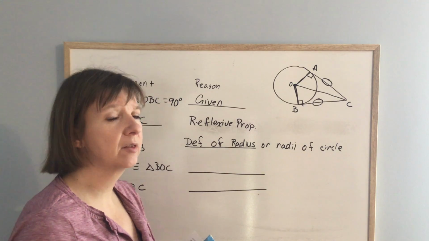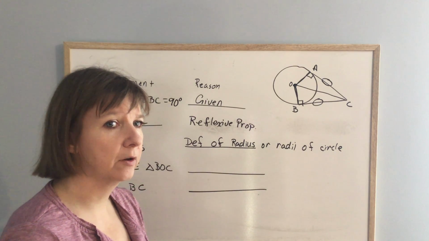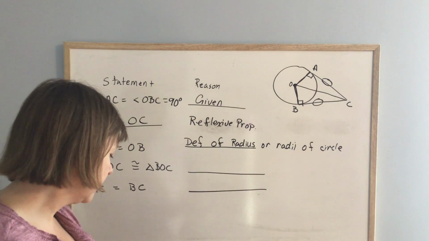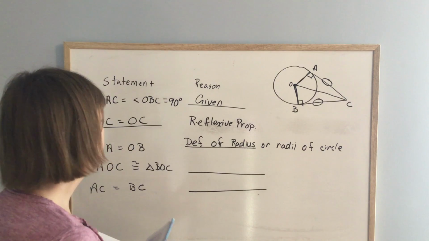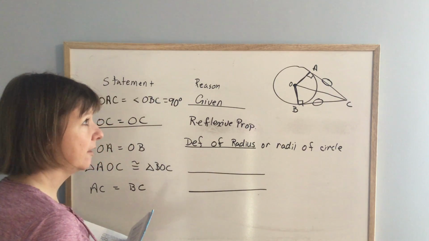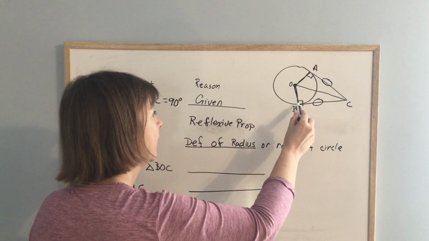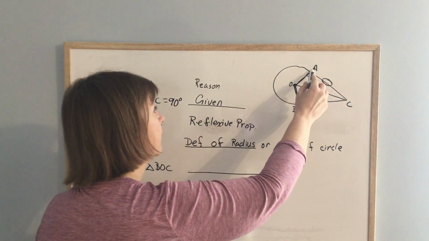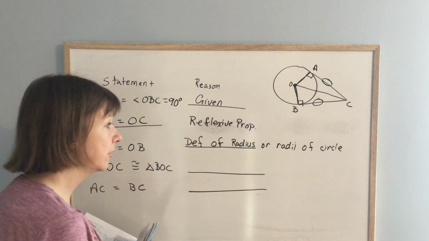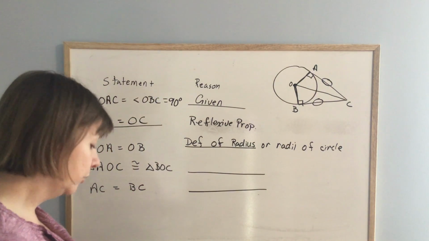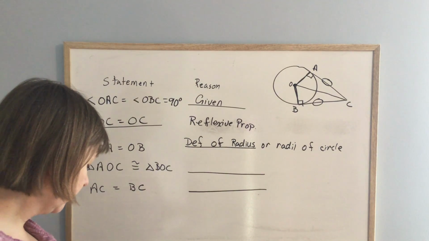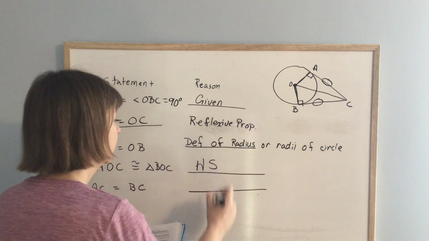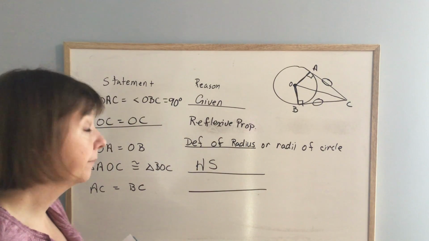I believe it was example 5 out of the last thing we did. It was somewhere back there, which basically says if you can prove that one side and the hypotenuse of a right angle triangle are the same as one side and the hypotenuse of another triangle, then you can say that those two triangles are congruent. So that's what they say, hypotenuse side theorem.